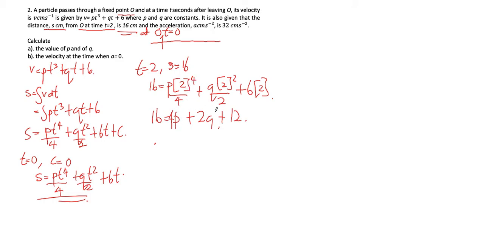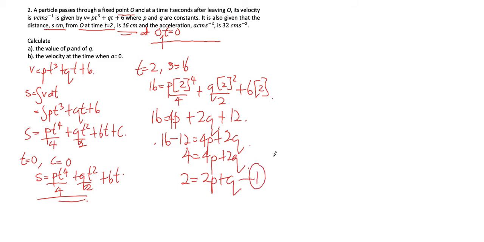Then 2 squared is 4, 4 divided by 2 is 2, and then that's 12. So let's solve this. 16 minus 12 equals 4p plus 2q. So 4 equals 4p plus 2q. Simplify all of them, we get 2 equals 2p plus q. So that's our first equation.